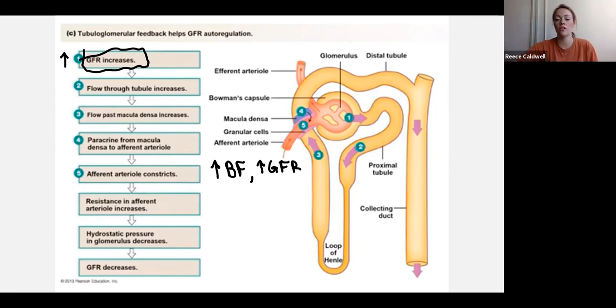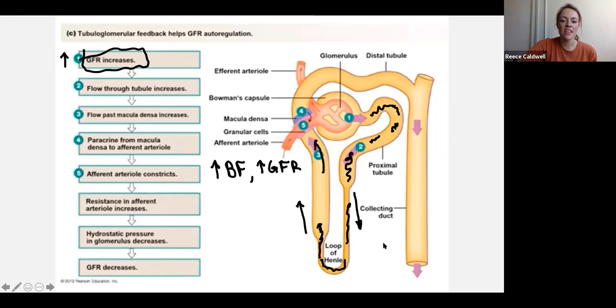So just associate those all together. What we see is that an increase in GFR is going to cause an increase in blood flow through the nephron. We are putting a lot more blood into the nephron, and that increase in blood flow is going to move through the nephron.